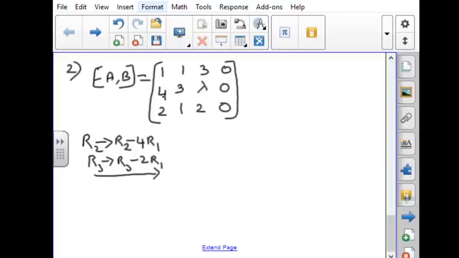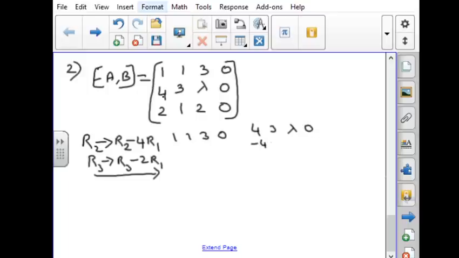So first row we write as it is 1, 1, 3, 0, and second one R2 minus 4 R1.